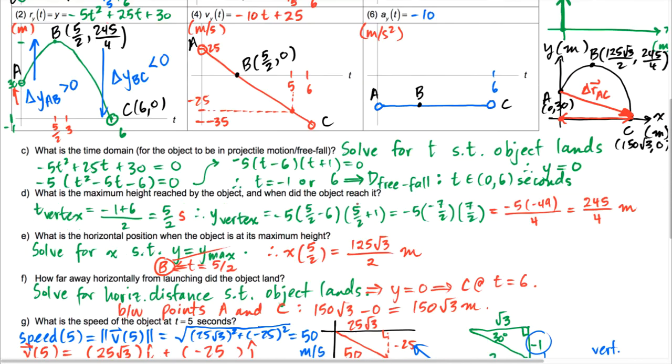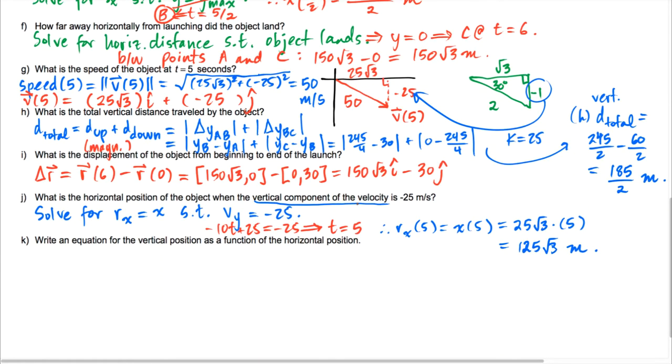The last question then says to write an equation for the vertical position as a function of the horizontal position. What we're really asking to do now is to eliminate the time values and come up with a y versus x Cartesian equation. So we have some equations right now for x and for y, namely the x and y position component equations.